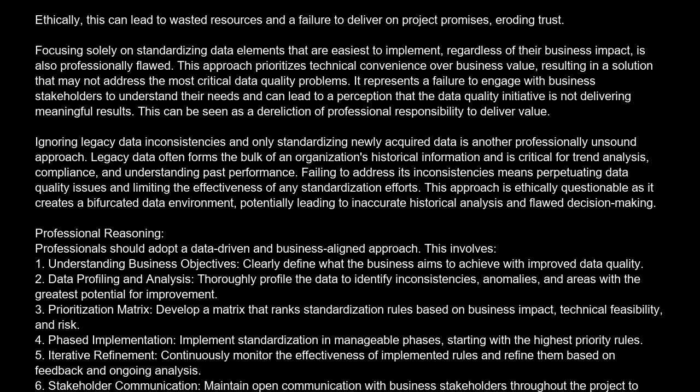Phased implementation. Implement standardization in manageable phases, starting with the highest priority rules. 5. Iterative refinement. Continuously monitor the effectiveness of implemented rules and refine them based on feedback and ongoing analysis. 6. Stakeholder communication. Maintain open communication with business stakeholders throughout the project to manage expectations and ensure alignment.